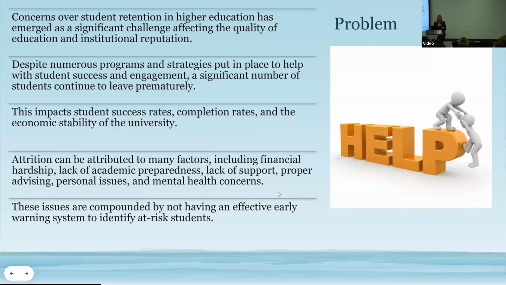This impacts student success rates, completion rates, and the economic stability of the university. You guys shared some of this already. Attrition can be attributed to many factors, including financial hardship, lack of academic preparedness, lack of support, proper advising, personal issues, and mental health concerns. So I think we're kind of all on the same page here. These issues are compounded by not having an effective early warning system to identify at-risk students.